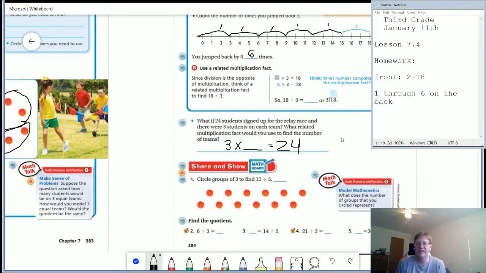To find the answer to that, we could count by 3. So we have a number line to help us get to 18. We did 3, 6, 9, 12, 15, 18, and then we can go up to 21, and then 24. So it would be 8 groups.